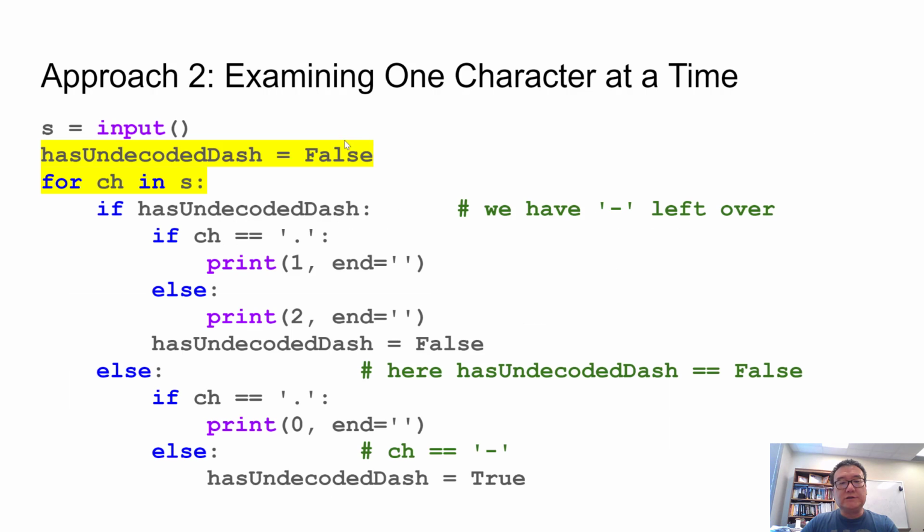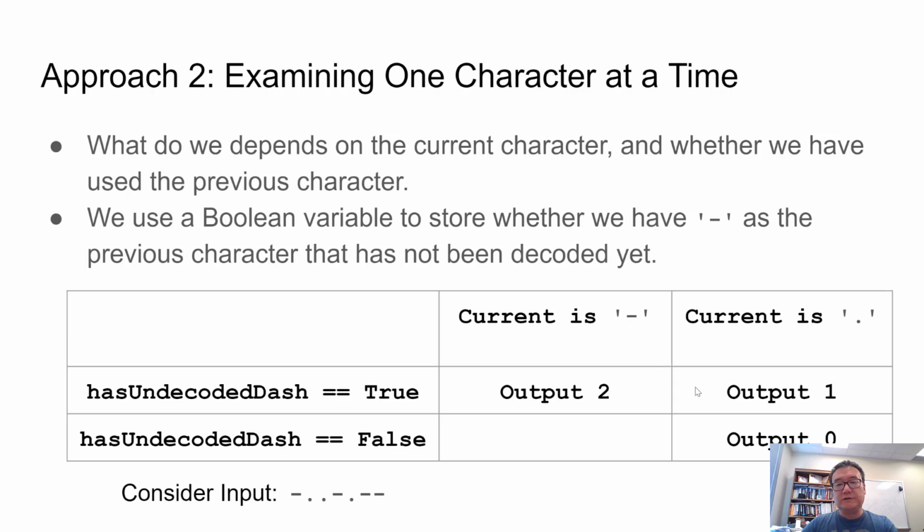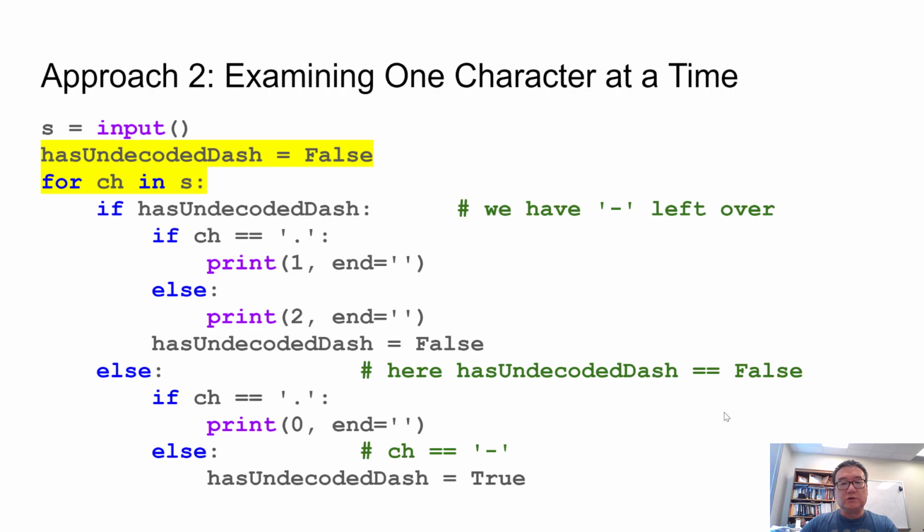So this is the code for doing that. We use one Boolean state variable to remember whether the previous character is a dash that we have not used. Inside here, we are basically implementing these four cases. I used an if and then a nested if.